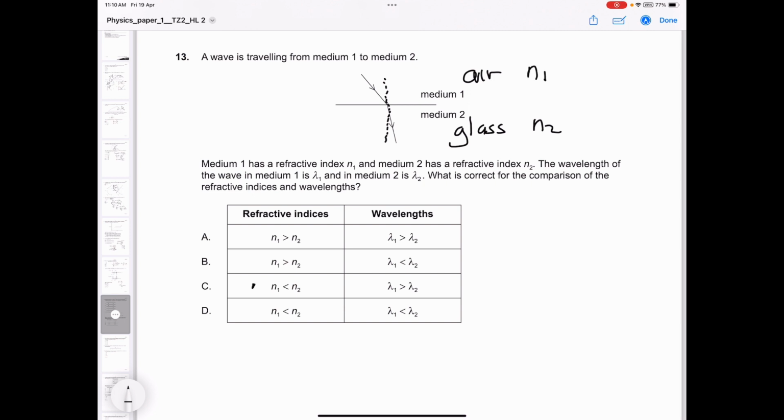Therefore we know the answer is going to be C or D. And for wavelengths, we also know that when the wave travels from air into glass, the wavelength is decreased. Therefore, the answer must be C. N1 is less than N2 and lambda 1 is bigger than lambda 2.